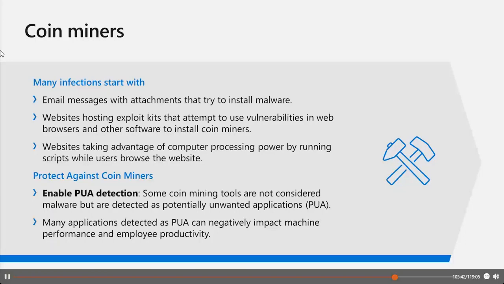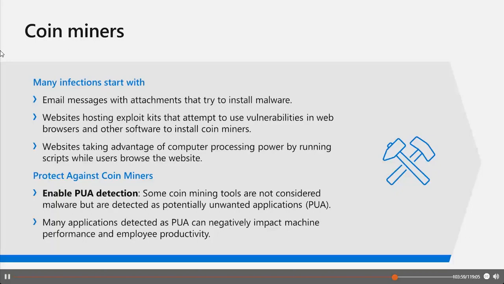And we have websites taking advantage of computer processing power by running scripts while a user browses the website. So the best thing you can do is to enable PUA detection.